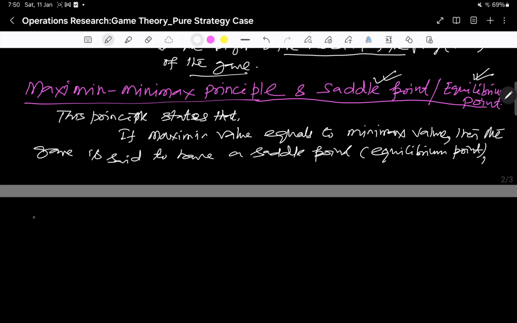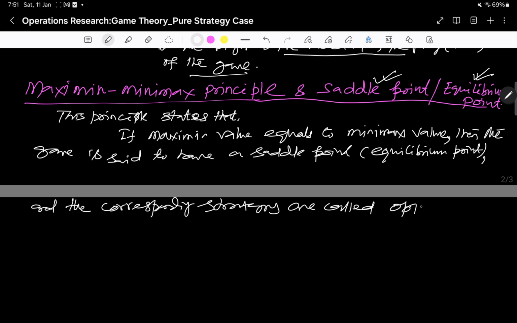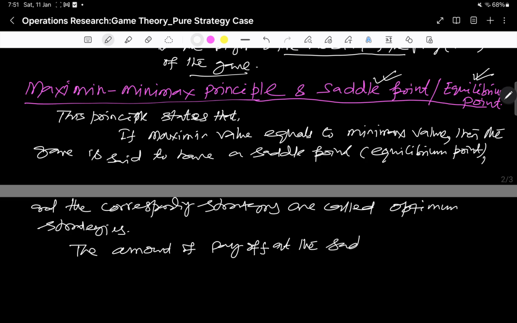And the corresponding strategies are called optimum strategies. The amount of payoff at the equilibrium point, at the saddle point, is the value of the game.